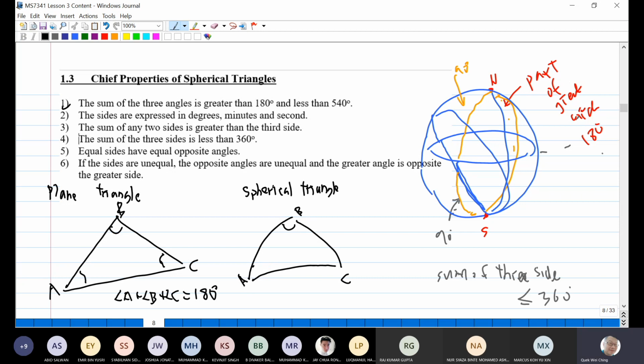The angle A, angle B, angle C are the same, but now the sum of angle A plus angle B plus angle C is greater than 180. It can be greater than 180, and less than 540, at most 540.